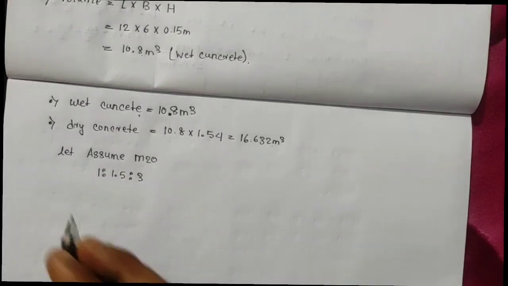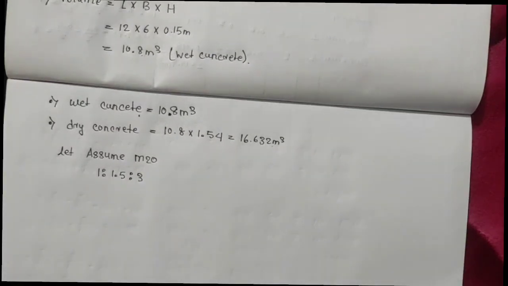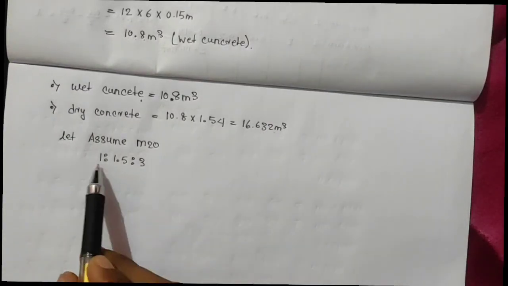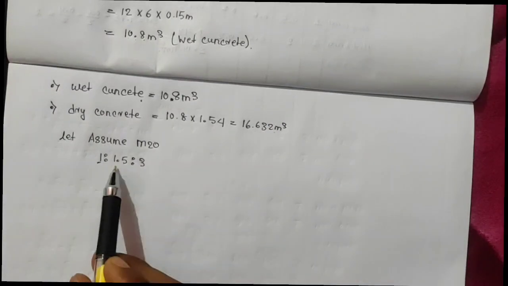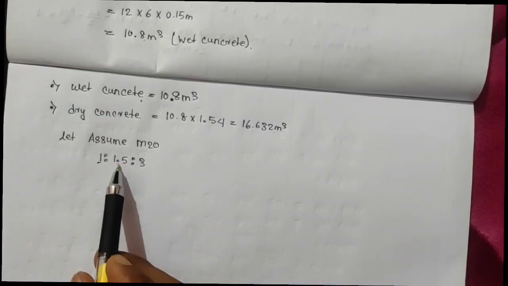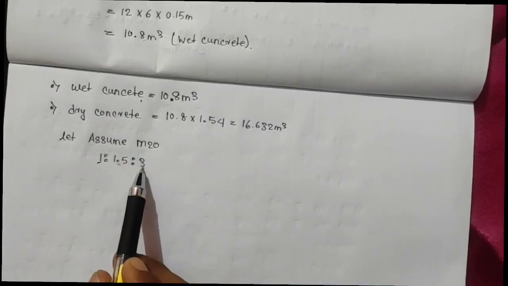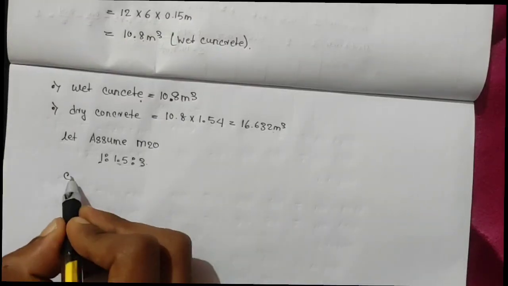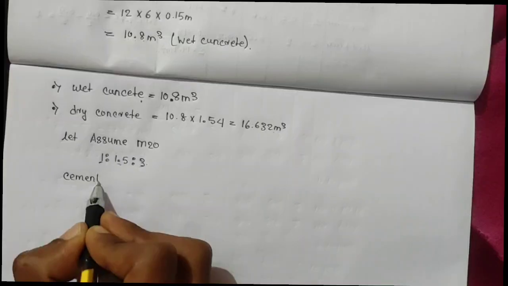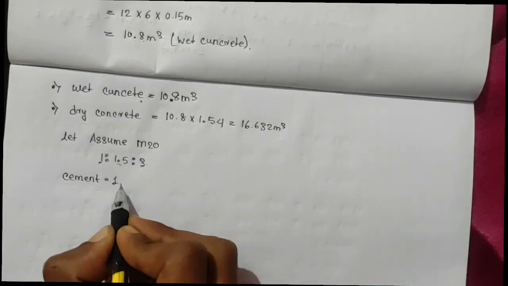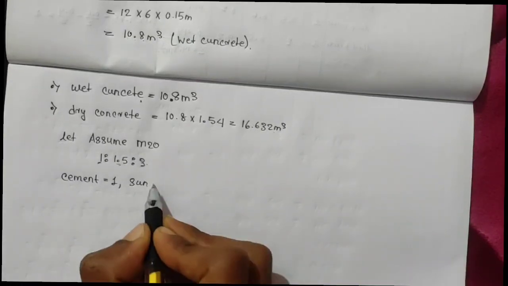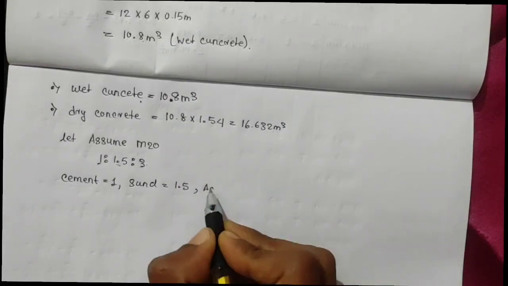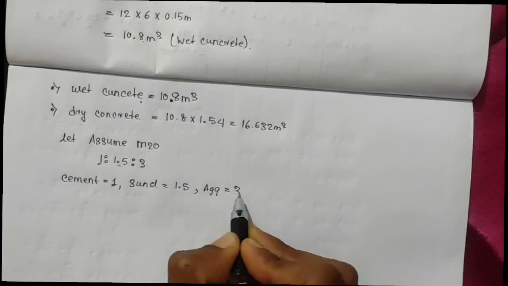The first is cement, the second is sand, and the third ratio is aggregates. So let me write: cement is equal to 1, sand is equal to 1.5, aggregate is equal to 3.